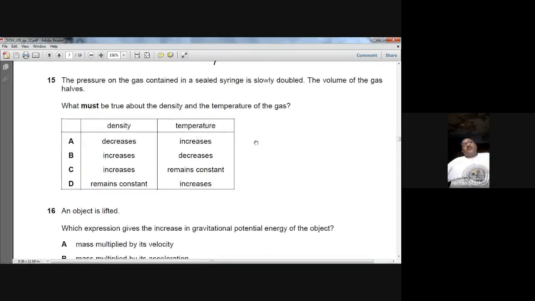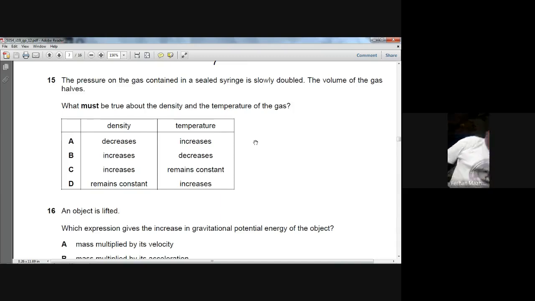Question 15 is on your screen. The pressure on the gas contained in a sealed syringe is slowly doubled. Sorry, sealed syringe means that one end is sealed.